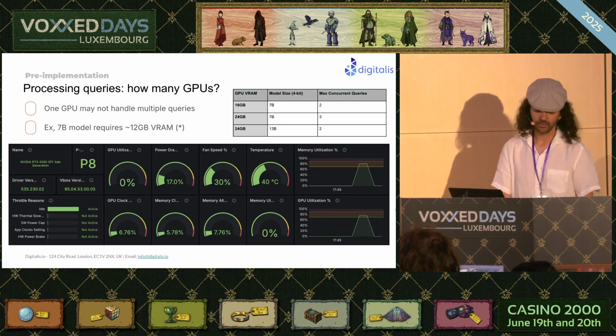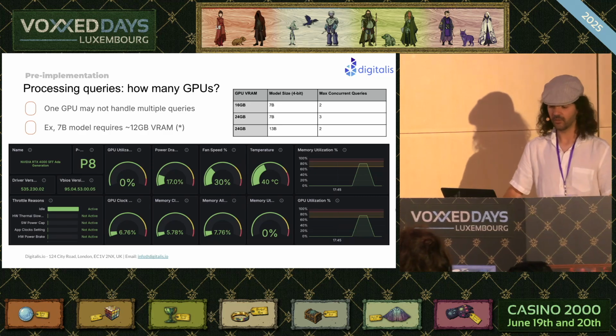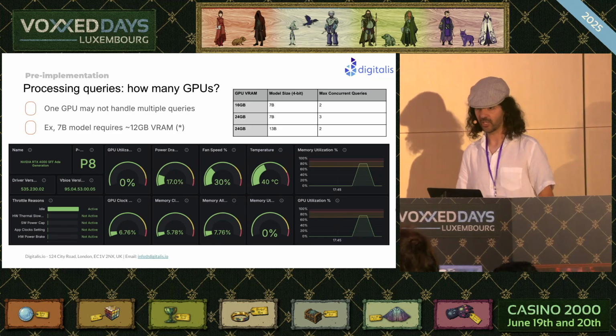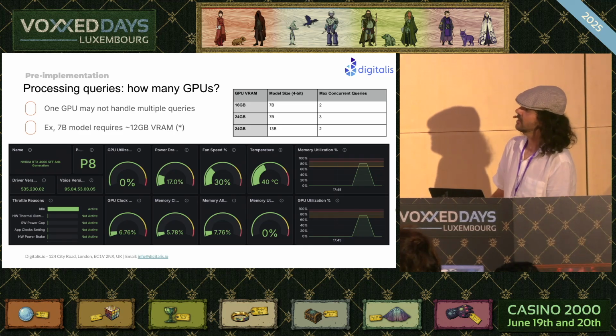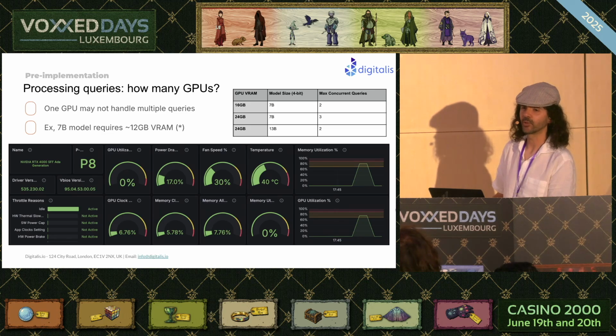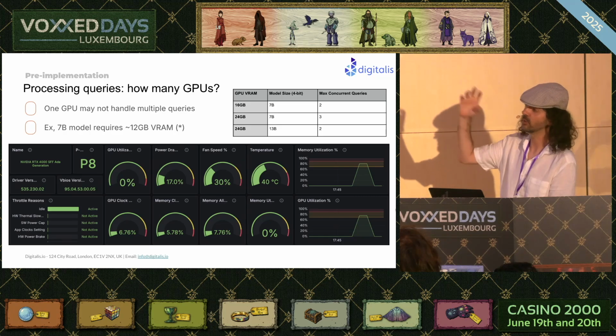If you run a medium-sized model like 7 or 8 billion, you're not expected to be able to query the LLM more than 2 or 3 times concurrently. That's one of the biggest drawbacks of using your own models. Think about it: the model is loaded into memory.